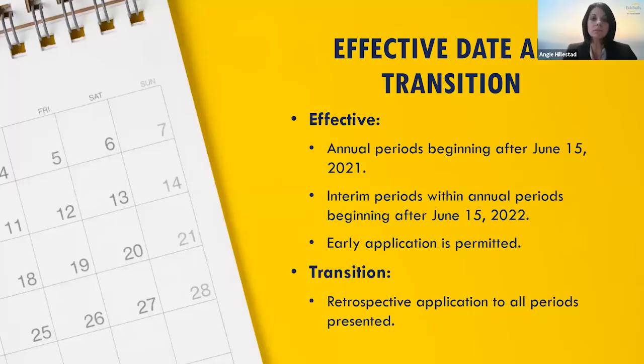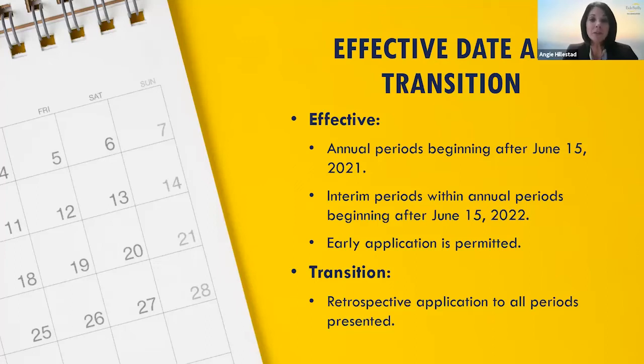So ASU 2020-07 is effective for annual periods beginning after June 15th, 2021, and interim periods within annual periods beginning after June 15th, 2022, with early application permitted. So that means if you're listening today and you're a June 30 year end, this standard will be effective for your next fiscal year end, June 30, 2022.